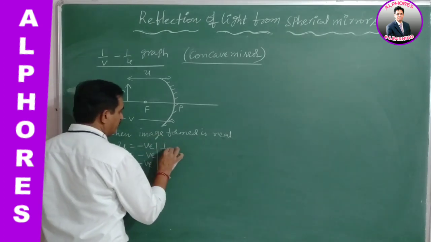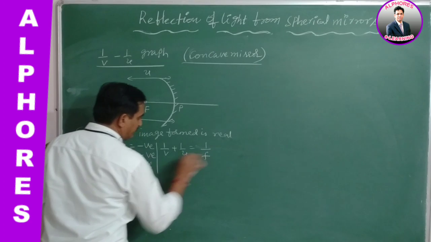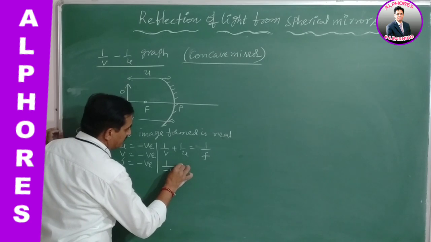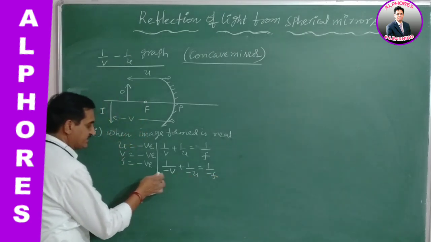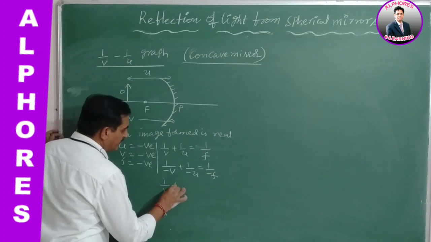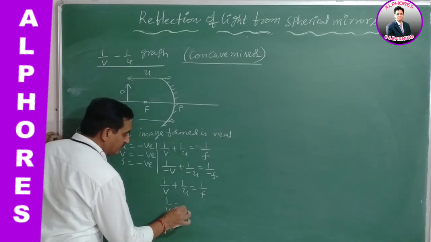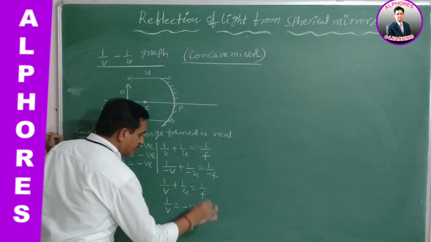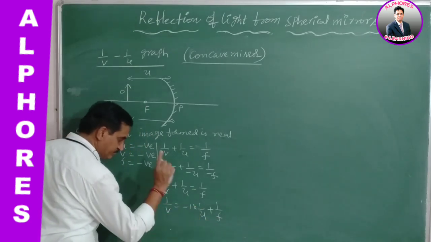Taking the mirror formula, 1 by V plus 1 by U is equal to 1 by F, we get 1 by minus V plus 1 by minus U equals 1 by minus F. All the minus signs get cancelled, so finally 1 by V plus 1 by U is equal to 1 by F. Therefore 1 by V is equal to minus 1 into 1 by U plus 1 by F. For our convenience, we are taking that minus 1 into 1 by U.